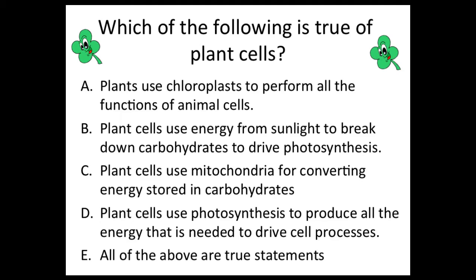The next choice is plant cells use mitochondria for converting energy stored in carbohydrates. The next choice is plant cells use photosynthesis to produce all the energy that is needed to drive cell processes. Or the last choice, all of the above are true.